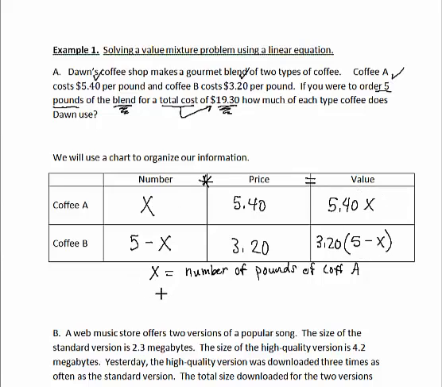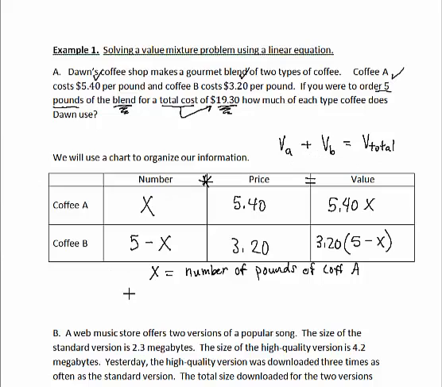Okay, and the total cost is the sum of the values of coffee A and B. So if you wanted to write it out in an equation, you could write this. It's not entirely necessary, but the value of coffee A plus the value of coffee B equals the value total. And a lot of the problems that we're going to work out this way.